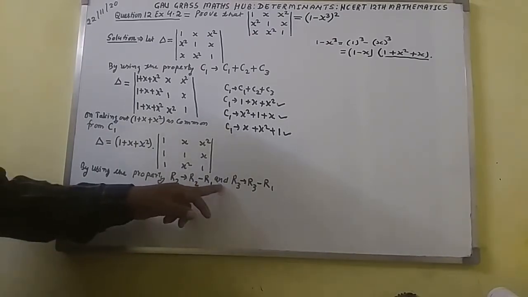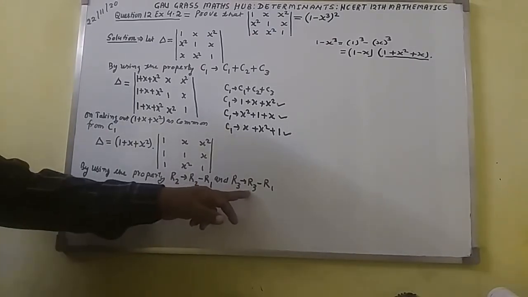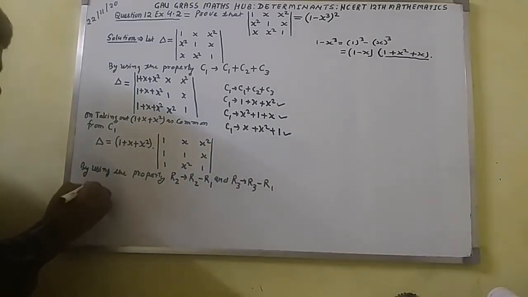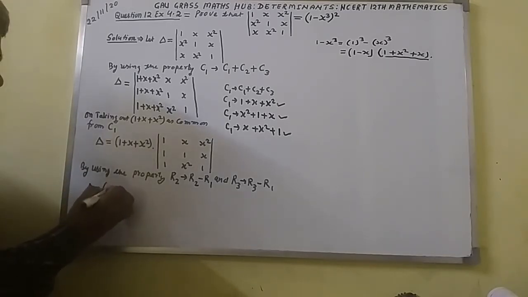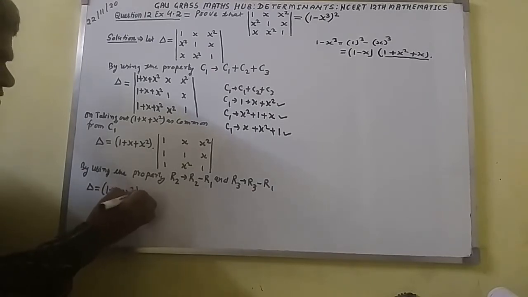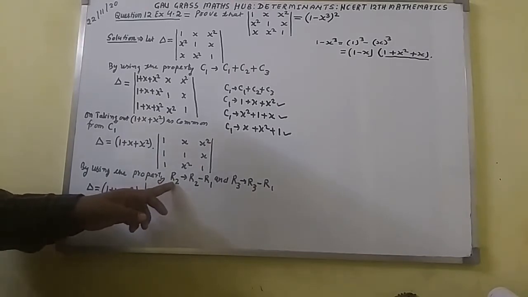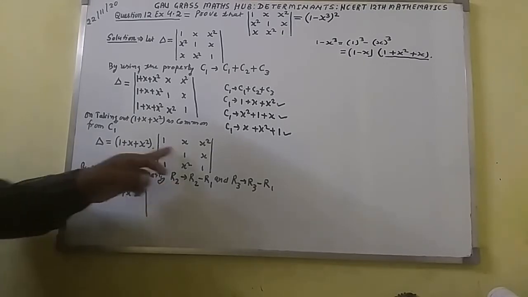By using the property R2 goes to R2 minus R1 and R3 goes to R3 minus R1, the determinant will be 1 plus x square. Here R2 goes to means that changes will occur only in the second row.